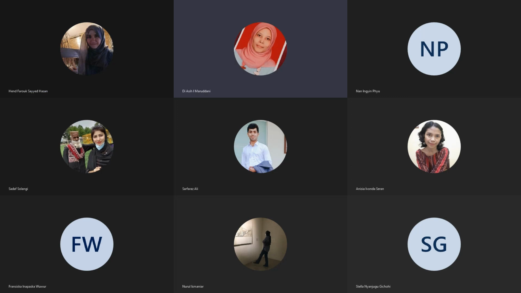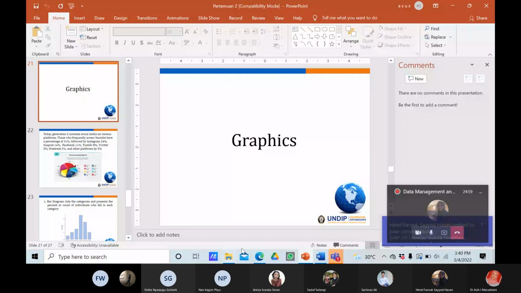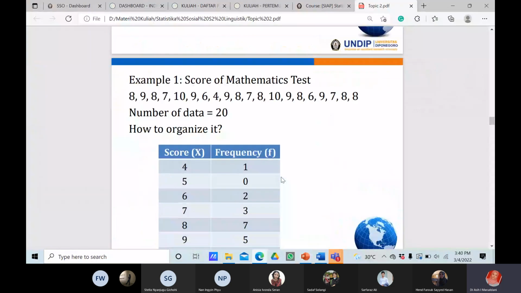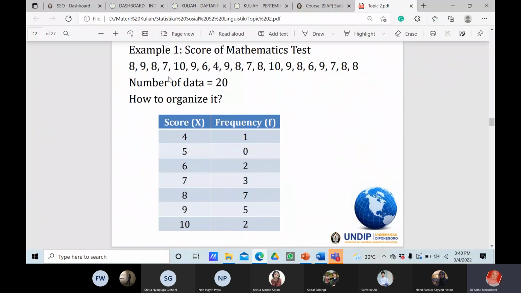Okay. I think we have to go back to frequency distribution, because Sarfaraz is unable to tell the difference between the frequency and the cumulative frequency. Let's see the scores of 20 students.